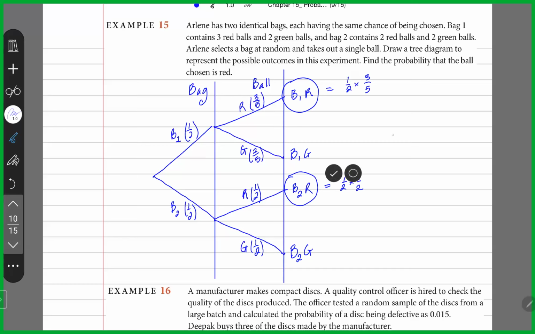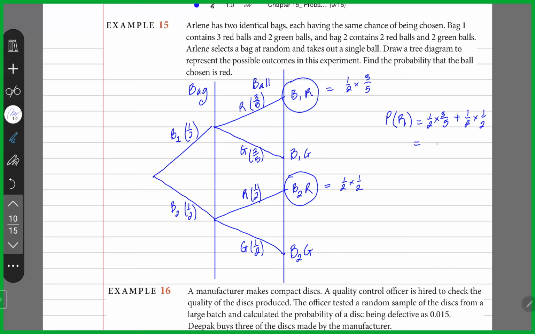So the probability of red would be equal to a half times 3 over 5 plus a half times a half. So the probability of a red is the probability of bag one and red, or the probability of bag two and red. And for those mutually exclusive events, you must add the probabilities.